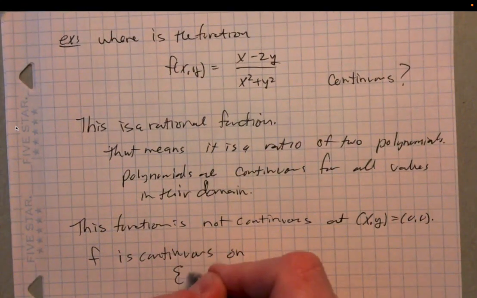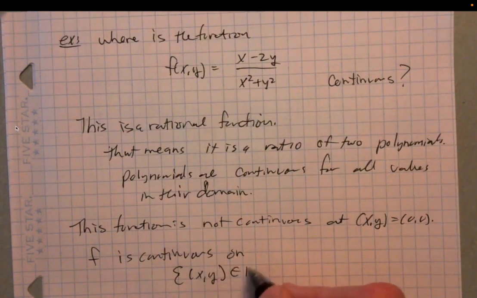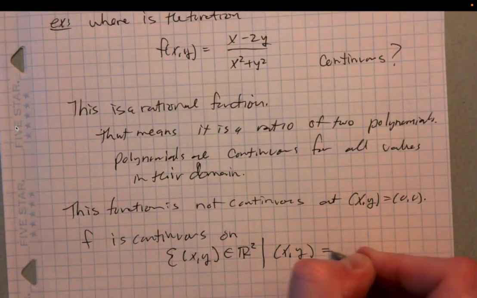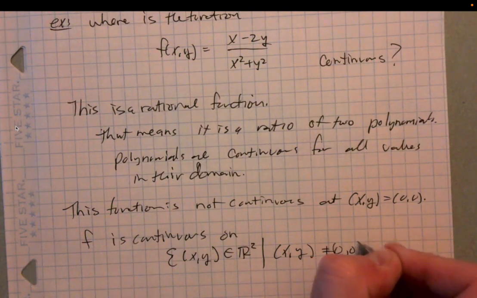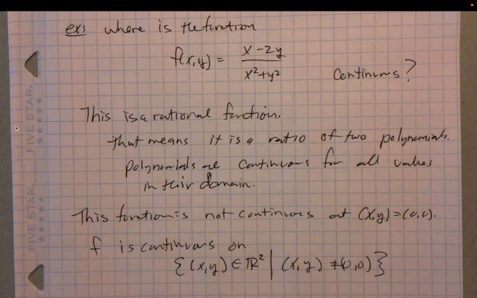It would be all (x, y) in R2 such that (x, y) is not equal to (0, 0). So it'd be continuous everywhere except at the origin. And so this will have some kind of a hole at the origin, since it's not defined there. Very good.